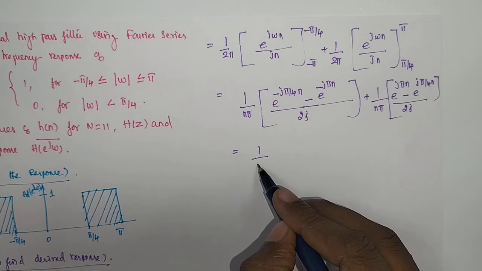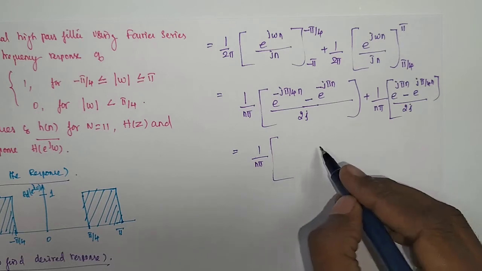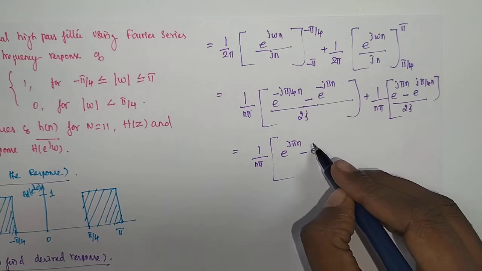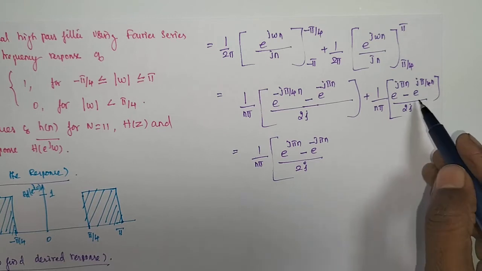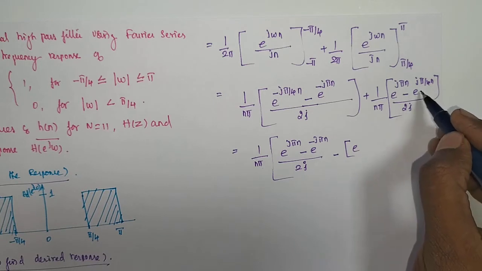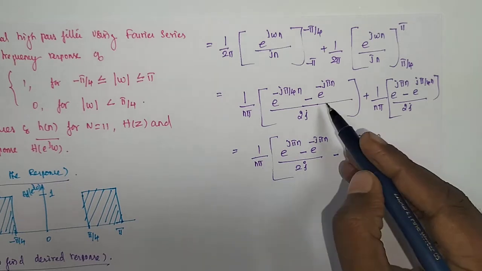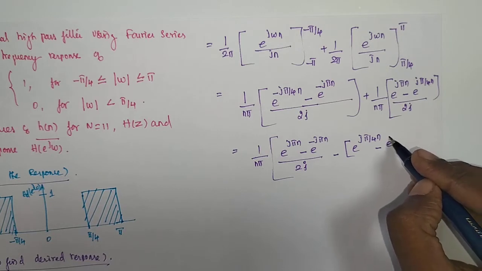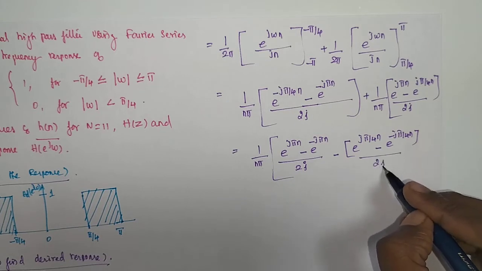I am taking 1 by n pi common outside, collecting the e power j pi n term: e power j pi n minus e power minus j pi n divided by 2j. And then here, taking the minus common outside, e power j pi by 4 n minus e power minus j pi by 4 n divided by 2j.